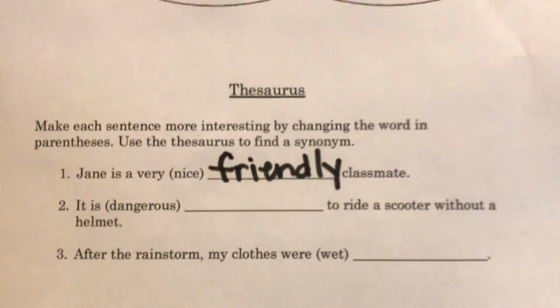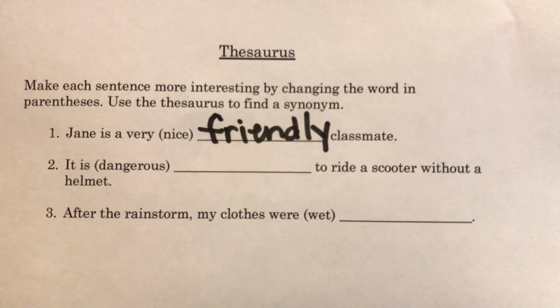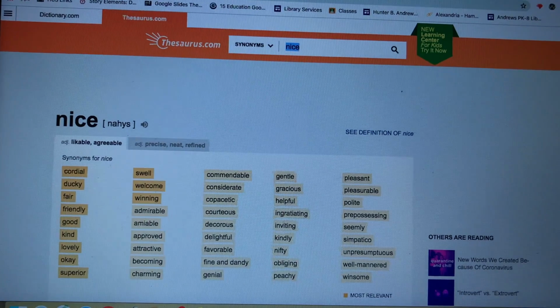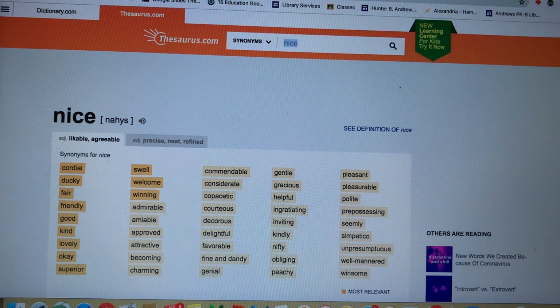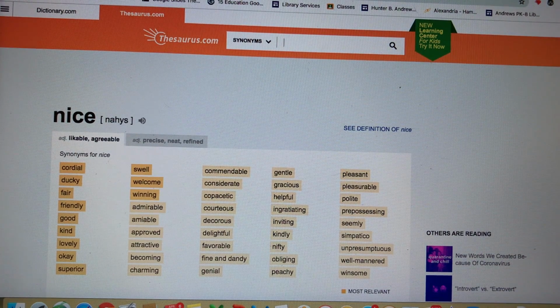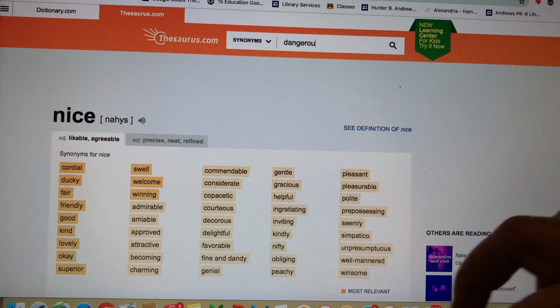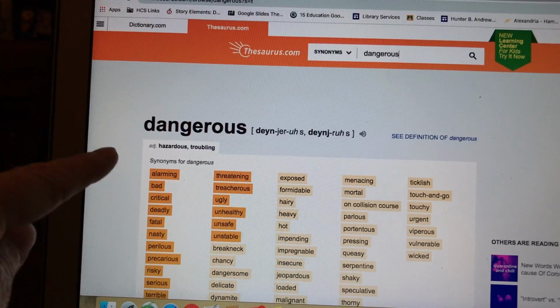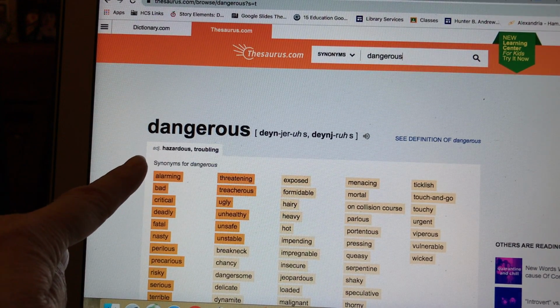Okay, let's look at the second one. It is dangerous to ride a scooter without a helmet. Okay, so let's look up the word dangerous. So I'm going to come up here and I'm going to delete nice, and type in dangerous. Ooh, and if you look up here, it's also an adjective, ADJ.